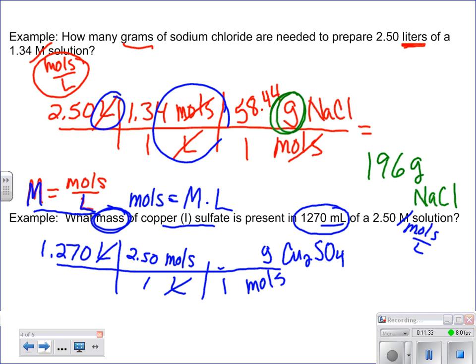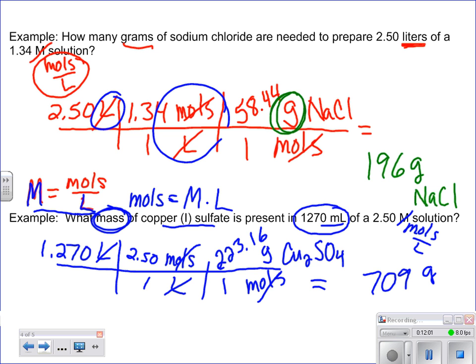And when we add that up, we end up getting 223.16 grams. So, again, everything cancels except grams. And our final answer is 709 grams of Cu2SO4.